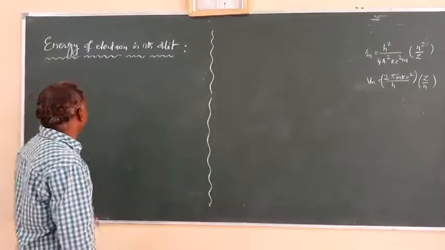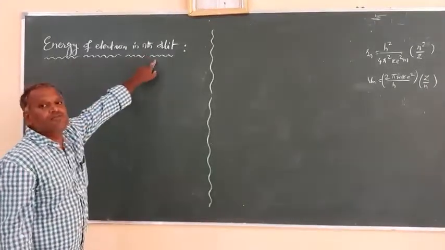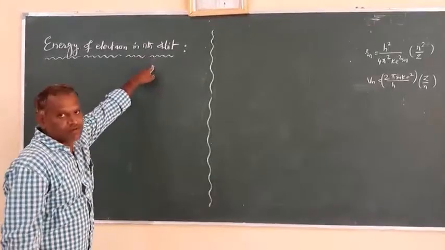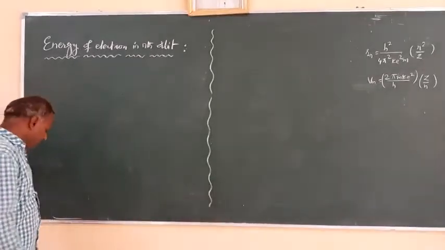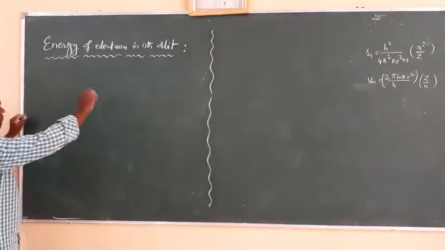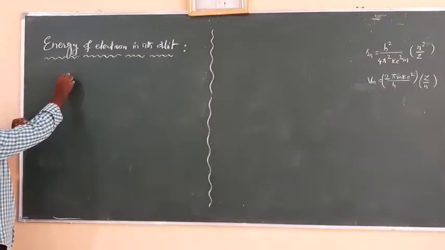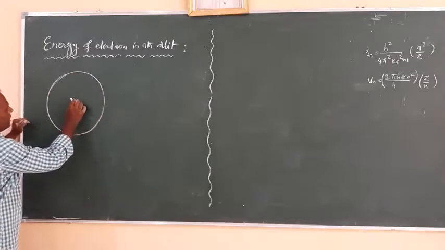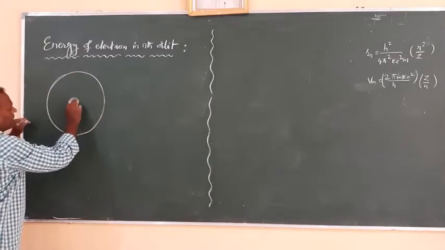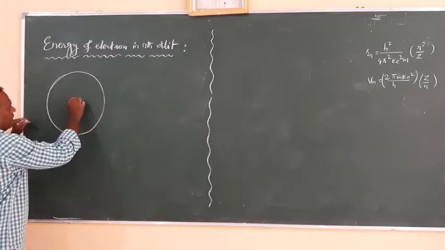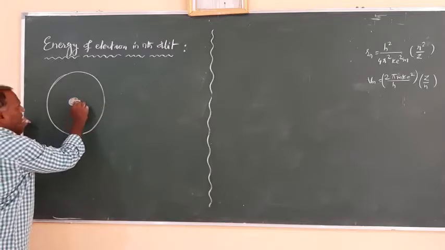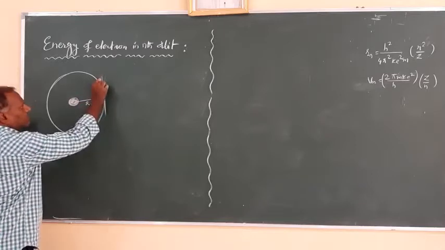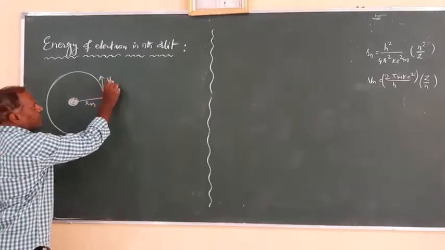Now we can see the energy of an electron revolving in the nth orbit. So what is that equation? That we will do now. See here, an electron is revolving in the nth orbit, the radius is Rn, and in that orbit the electron is revolving with velocity Vn.